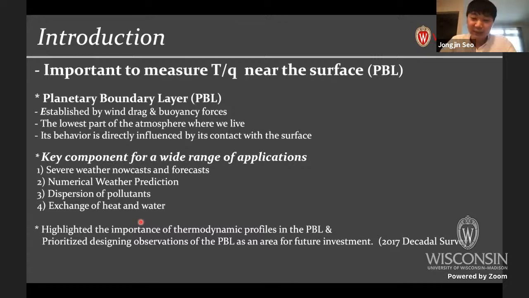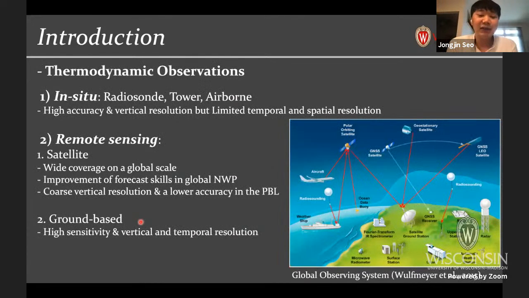The 2017 decadal survey highlighted the importance of thermodynamic profiles in the PBL and also prioritized designing observations of the PBL as an area for future investment. There are many thermodynamic observations we have.